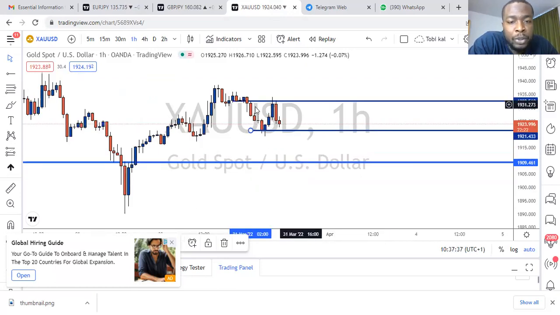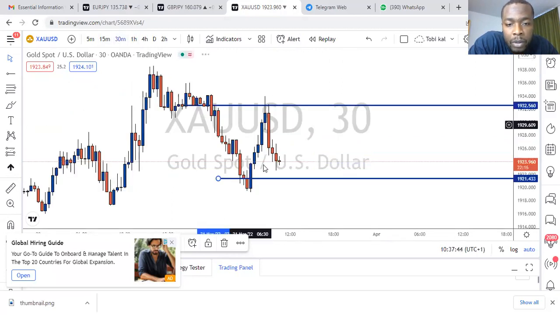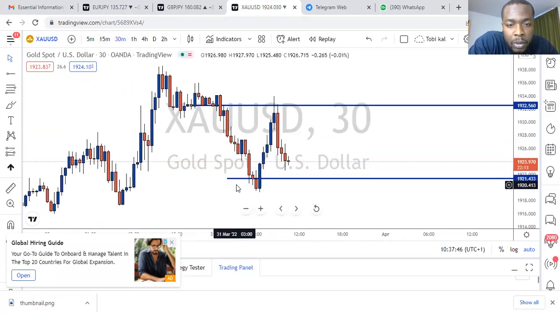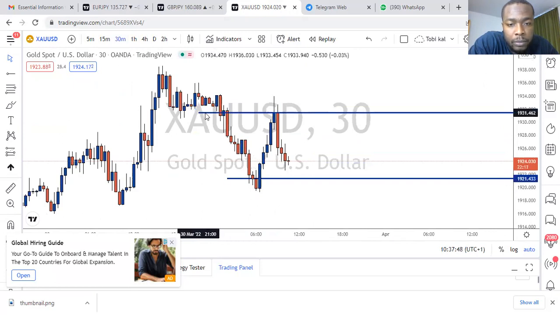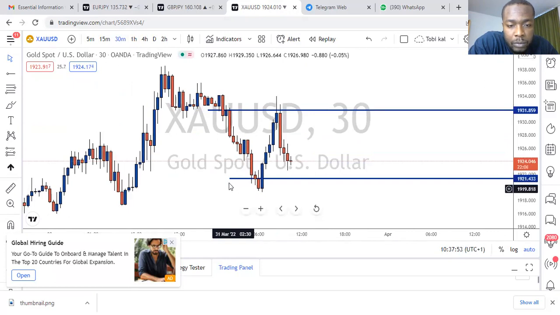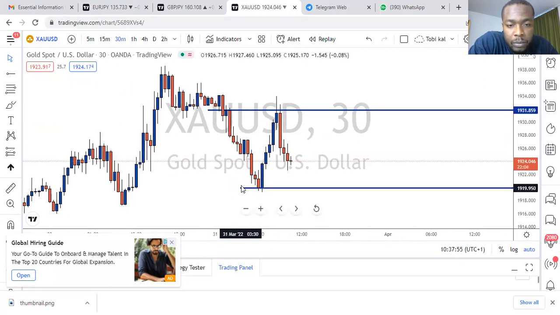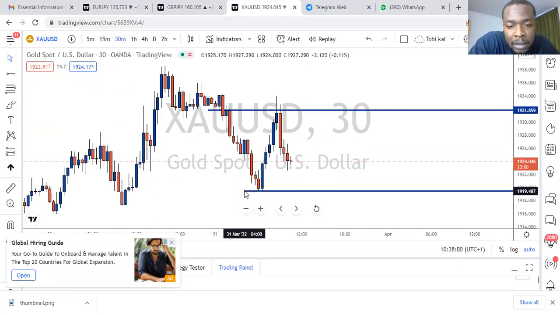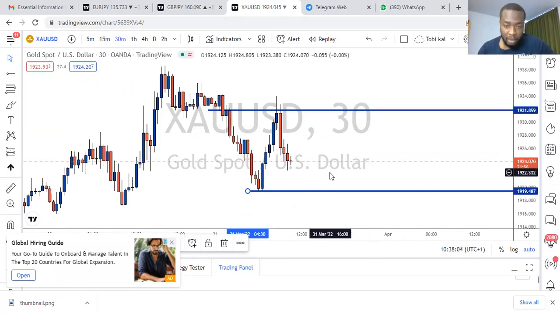So the next opportunity that you can wait out for, you can come up on the 30 minutes time frame. Up on the 30 minutes time frame, I would rather wait and get a bullish price action to show you that now you are ready to take buys.